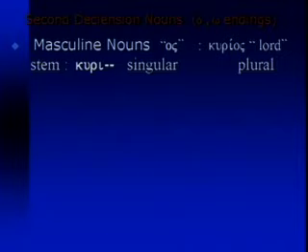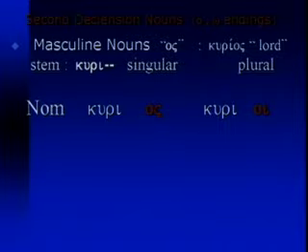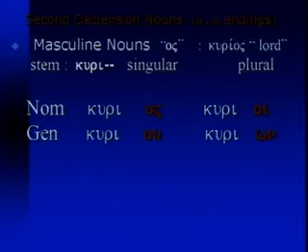All right, let's take kurios now and break it down according to what it would look like as it moves throughout its different cases. Notice in the nominative case, the kuri stem adds os for the singular form. The nominative adds oi for the plural form. In the genitive, it adds u to the kuri stem, on for the plural.